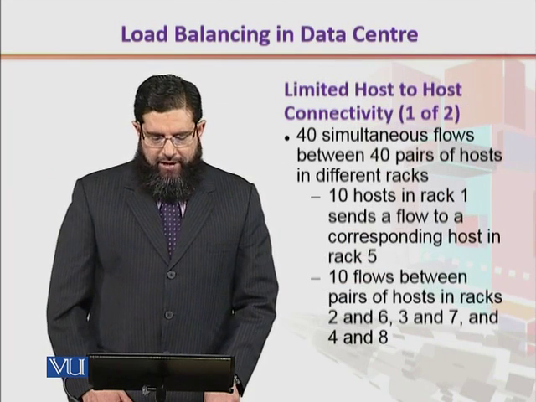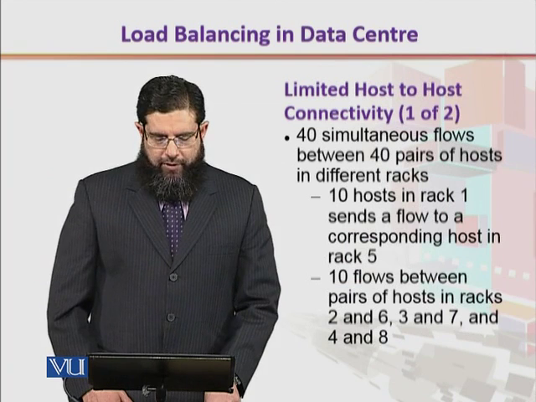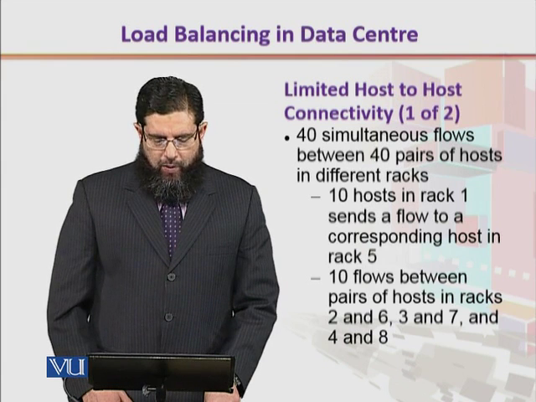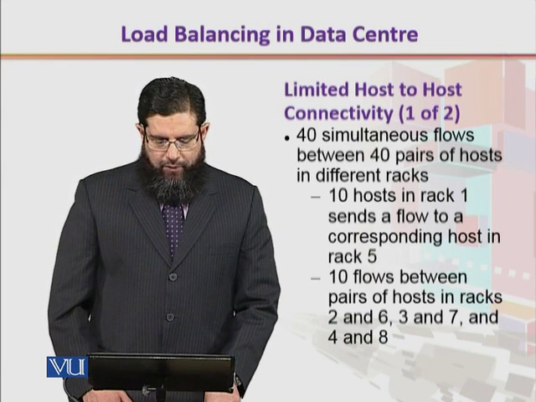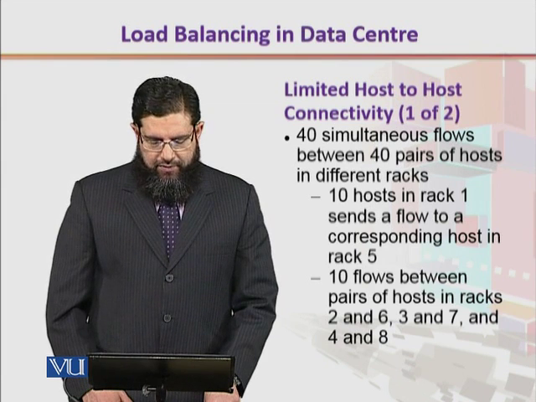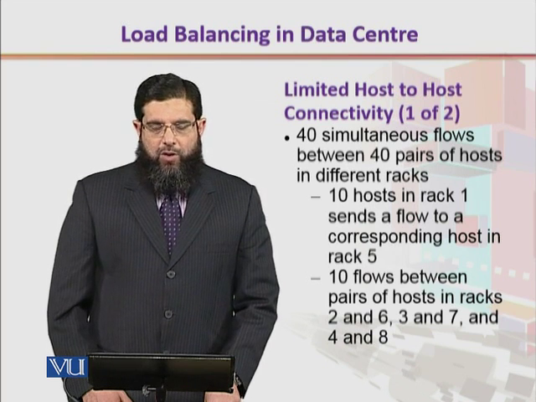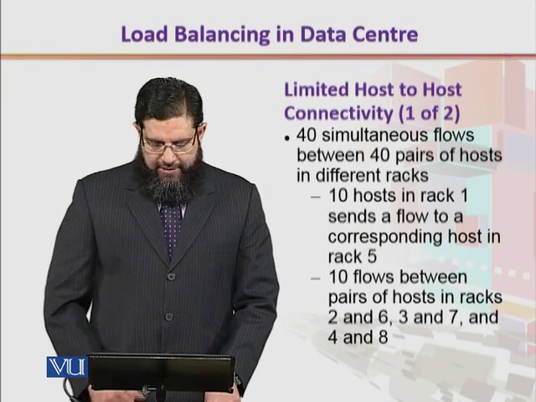Imagine that we have 40 simultaneous flows between 40 pairs of hosts in different racks, such that 10 hosts in rack 1 send flows to corresponding hosts in rack 5, with 10 flows between pairs of hosts in racks 2 and 6, 3 and 7, and 4 and 8 also sending data.